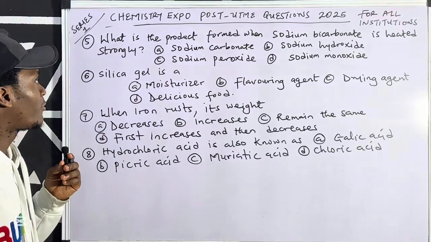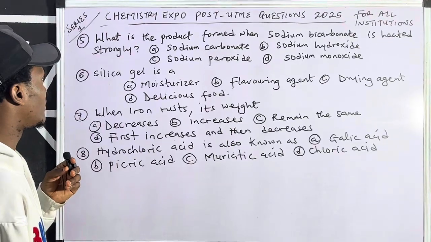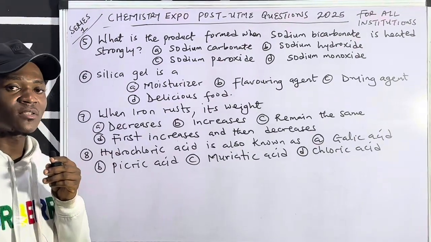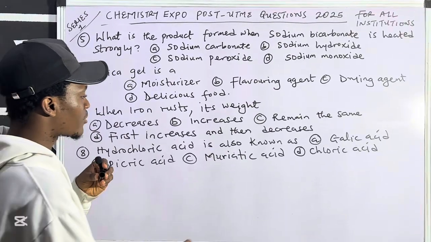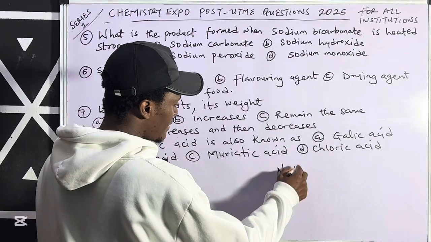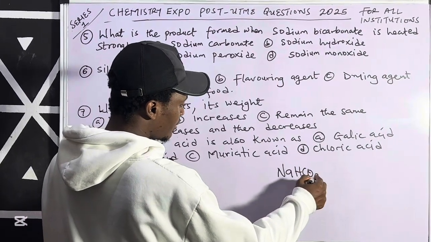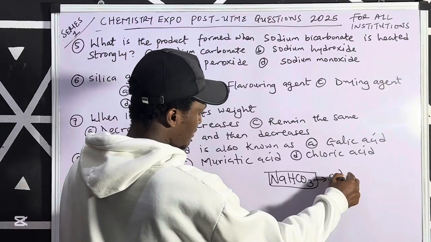What is the product formed when sodium bicarbonate is heated strongly? First things first, what is sodium bicarbonate? Sodium bicarbonate is also known as sodium hydrogen carbonate with the formula NaHCO3. That's the formula.